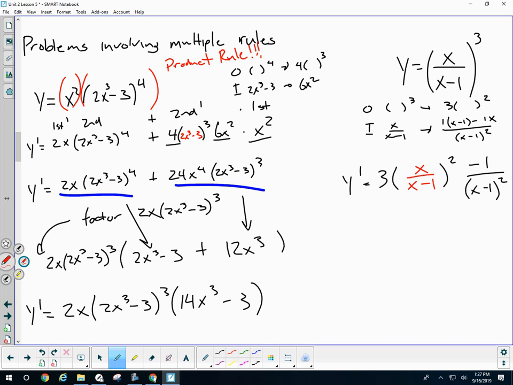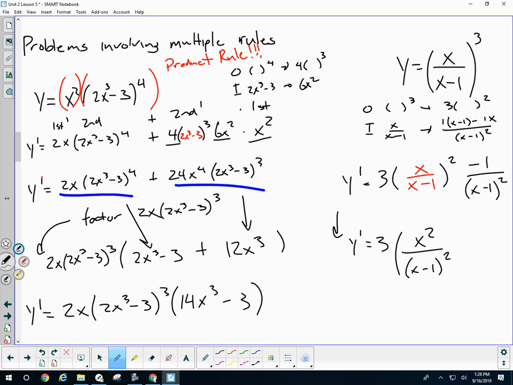This is fine. However, you will be expected to simplify this further. How? Well, I'm going to square the stuff inside parentheses. Remembering, when you square things inside of parentheses, if they're separated by multiplication or division, you would square the top and the bottom. I'm not going to write the x minus 1 squared out.